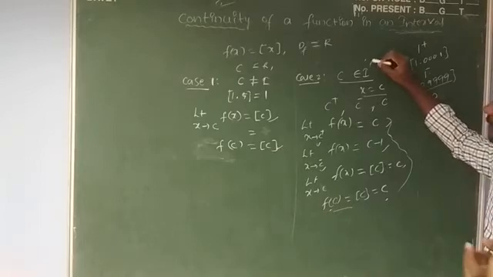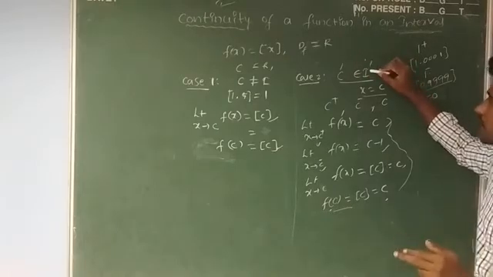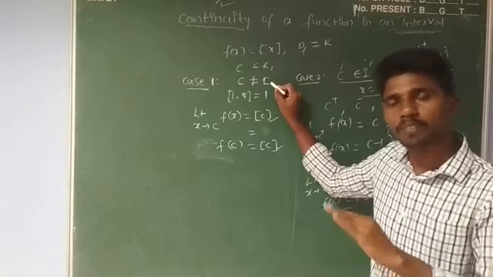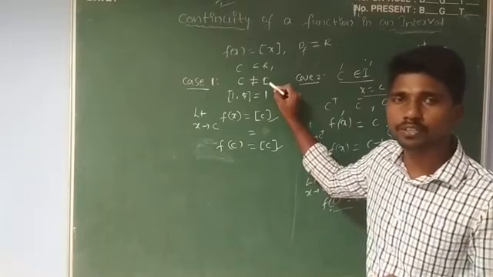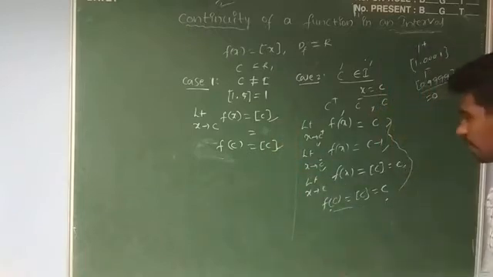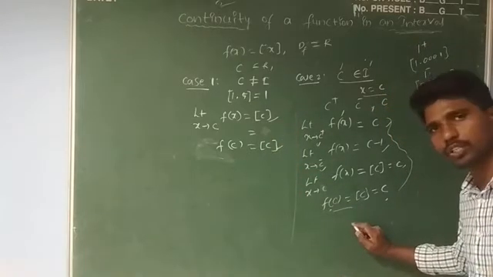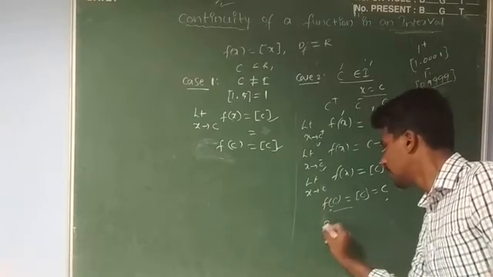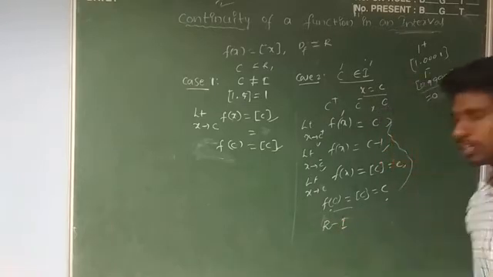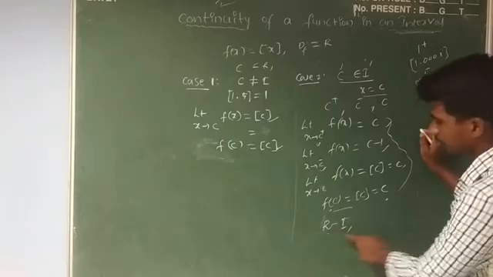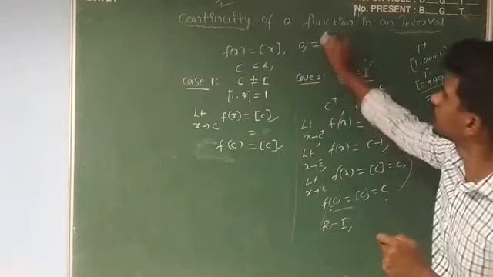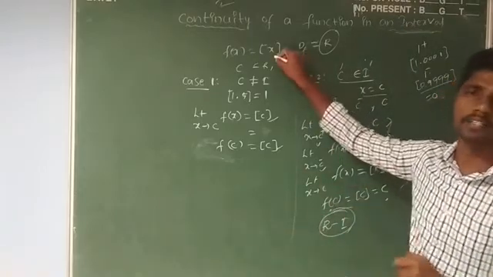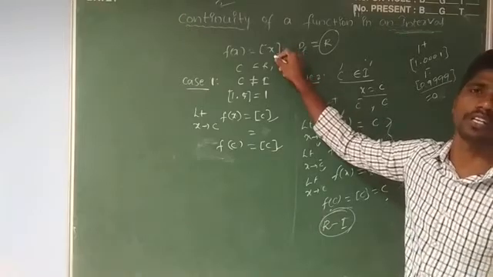For some number c, if it belongs to integers, then it is not continuous, and it is continuous for all non-integers. So the given function is continuous for all real numbers minus integers. The domain of the given function is R, and the domain of continuity is R minus I. So we can say step x is a discontinuous function. It is not a continuous function.